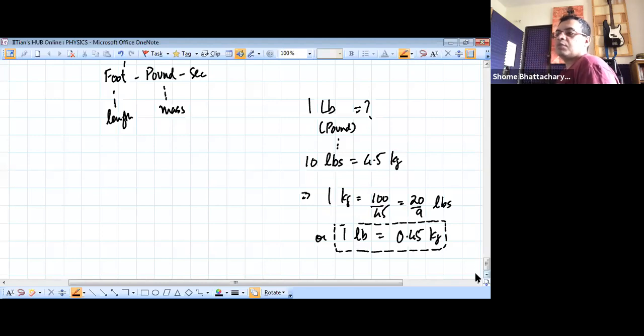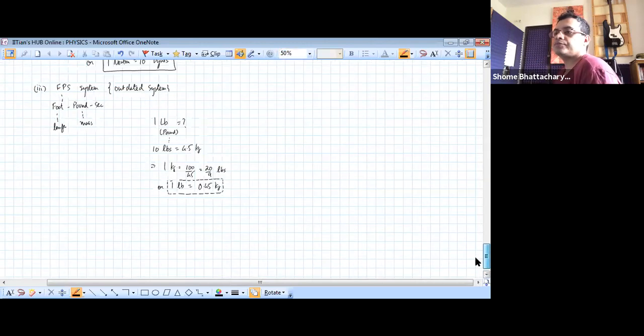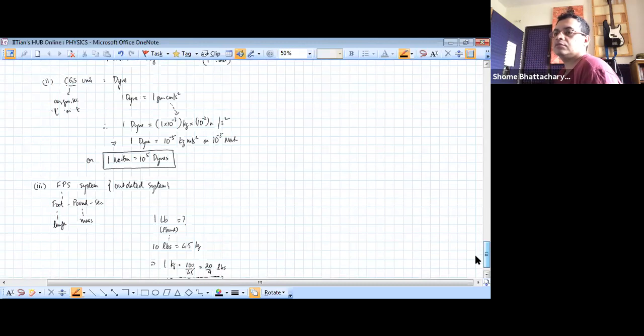So something that has a mass of 1 kilogram will have a weight of these many pounds. This is first of all the relationship between the units here, and we'll come back to the question in a moment. But you should remember this.